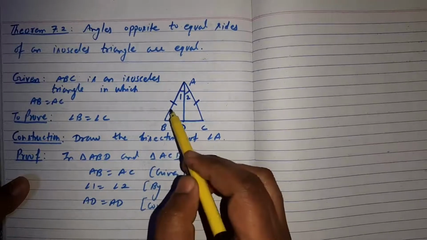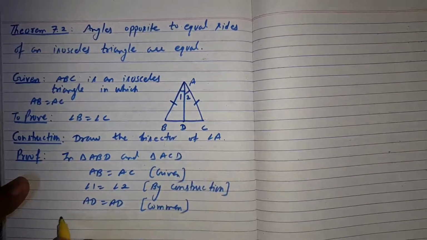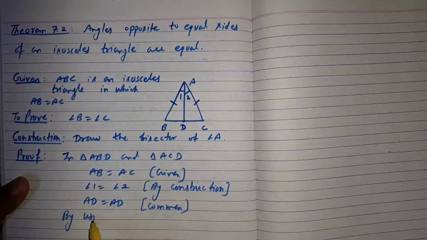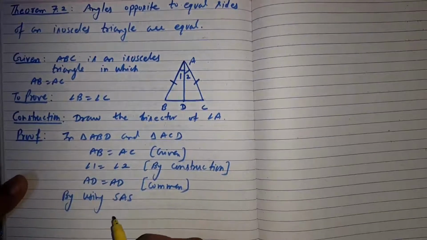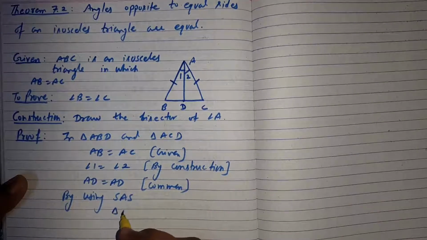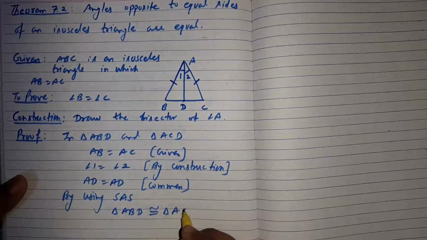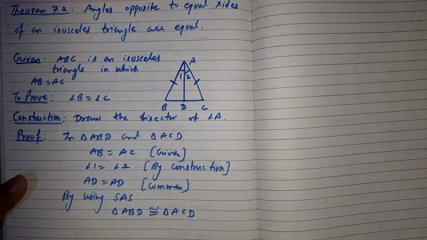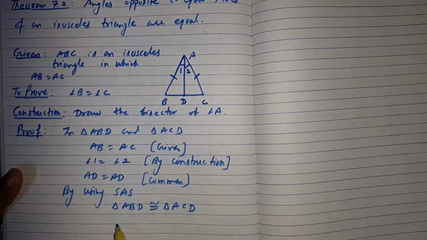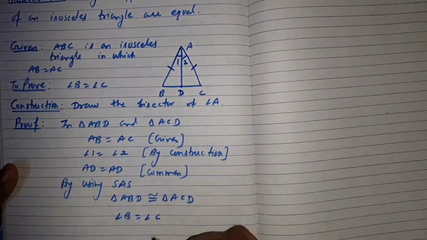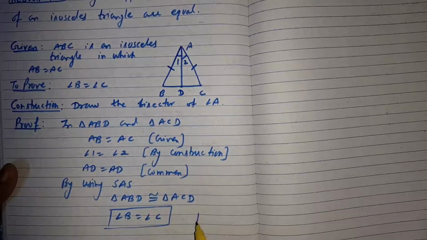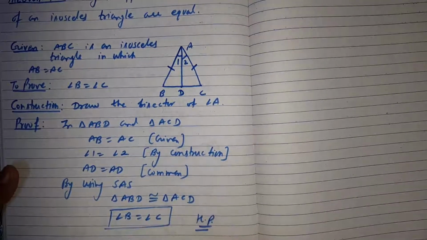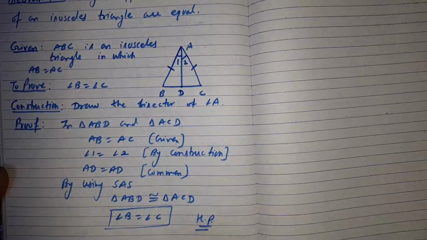So by using the side angle side congruence criteria, triangle ABD is congruent to triangle ACD. So by using CPCT, angle B is equal to angle C. Hence proved. So I think this is clear to all of you.